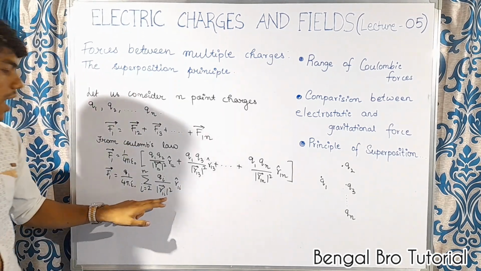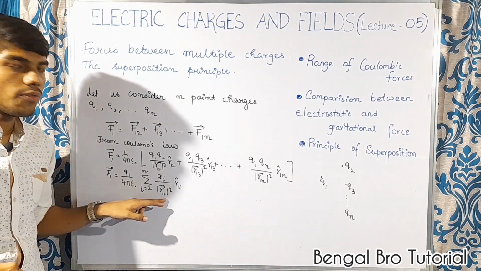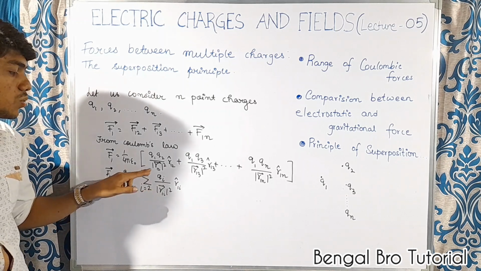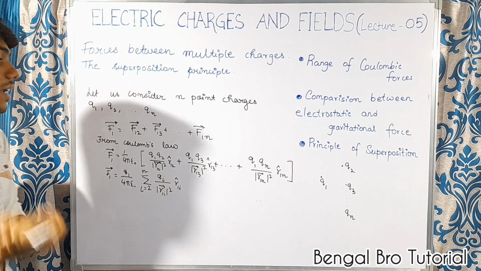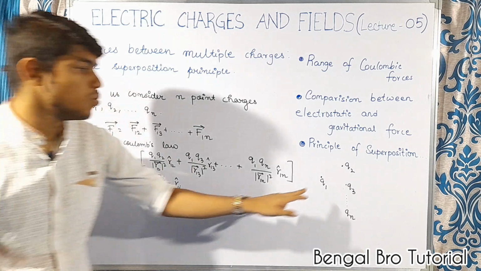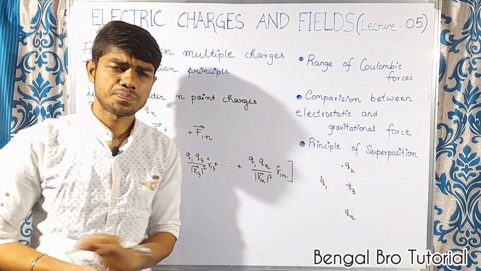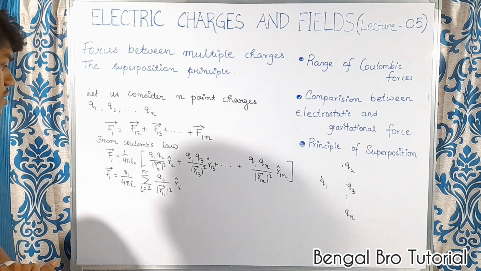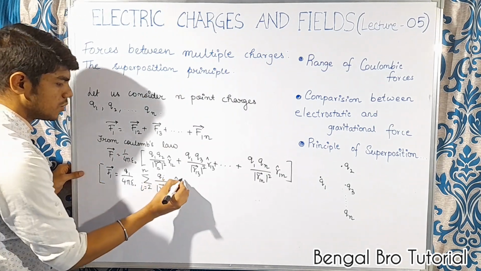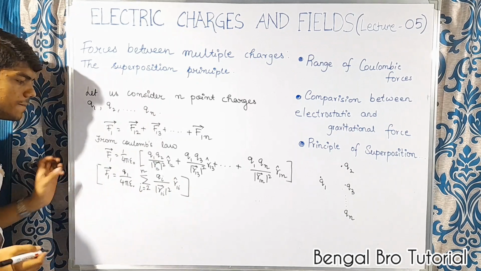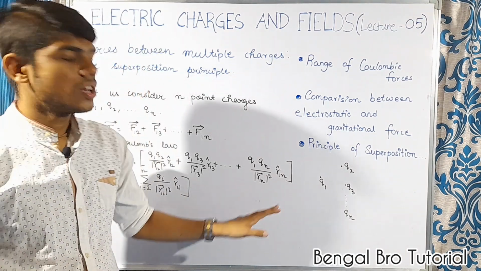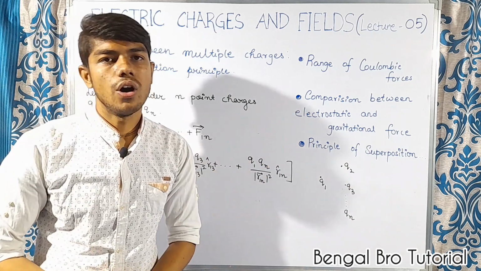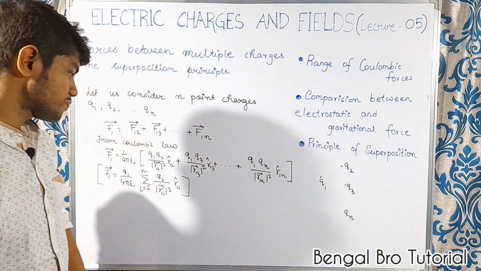Here we have to change this value of i from 2 to n and then keep adding them to get the net force acting on charge Q1 due to all other charges. So, this is the expression for the net force acting on any charge due to a number of charges.